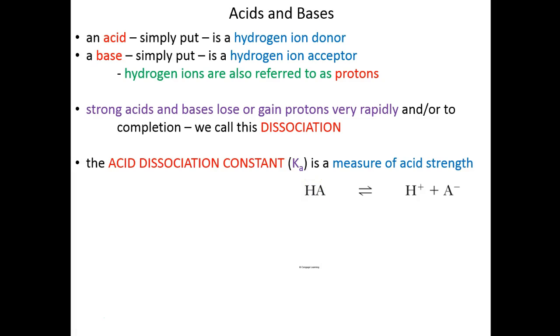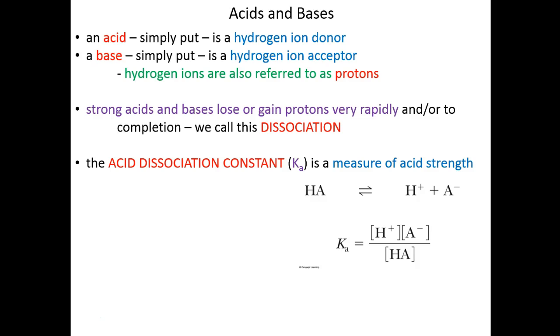So the dissociation of protons from acids can be measured, how quickly that molecule gives up its protons, and when it's measured we can give that acid a dissociation constant, which is a measure of acid strength. For the dissociation constant, the higher the number, the more that molecule dissociated from its proton, the stronger of an acid it is.